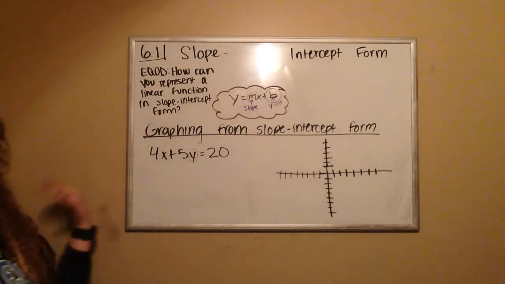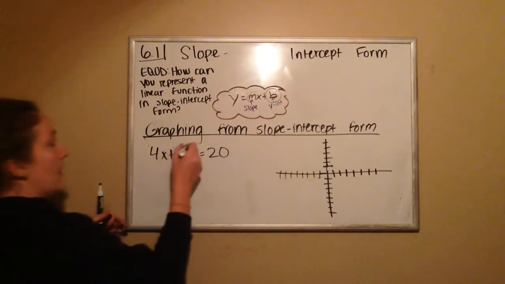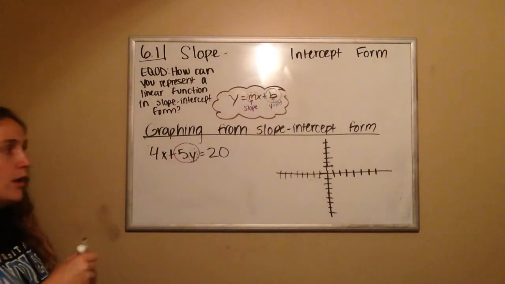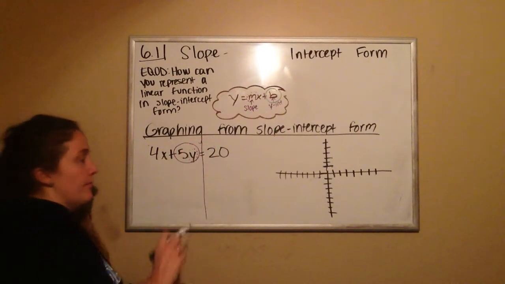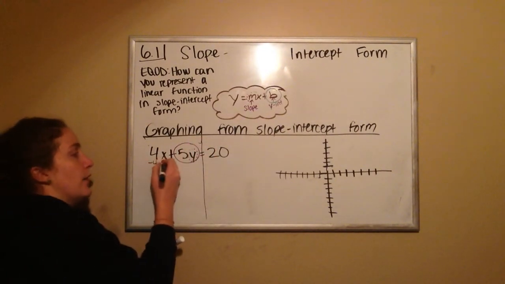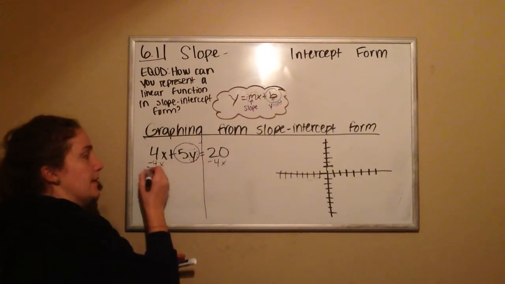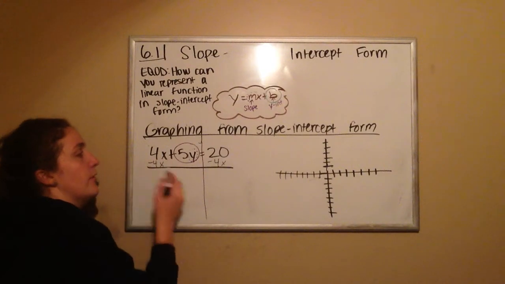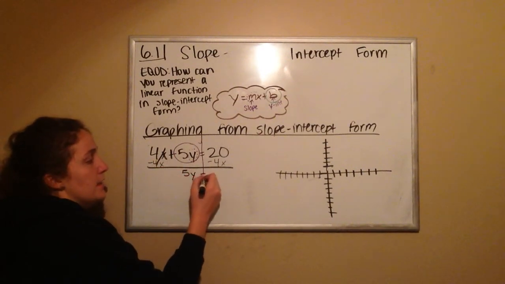So remember, we've done this before. We want to get y by itself. So typically, I always circle this whole term. We're not going to touch that term until it's on its own side of the equation. Okay, so I want to subtract 4x from both sides. That's the only thing I can move right now is that 4x because I'm not allowing myself to separate the 5y. Those cancel. We get 5y is equal to 20 minus 4x.